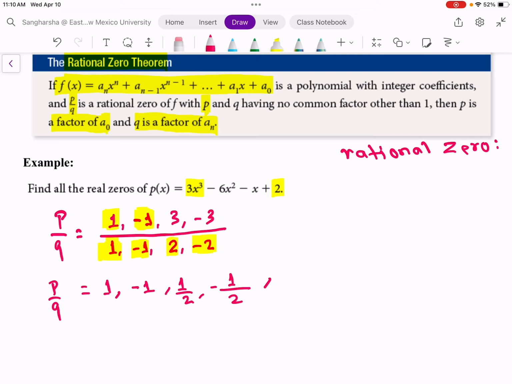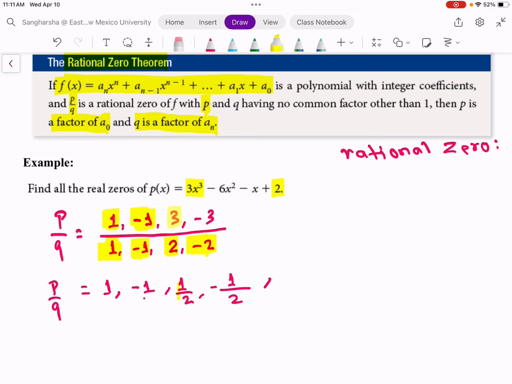We already have negative 1, so no need to rewrite. Let's take negative 1 and negative 1. Negative 1 divided by negative 1 is positive 1. We already have that. Negative 1 for p, 2 for q: negative 1 divided by 2 is negative 1/2. Let's take negative 2: negative 1 divided by negative 2 is positive 1/2. We already have that. Now let's go with 3.